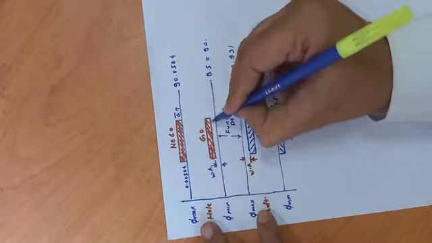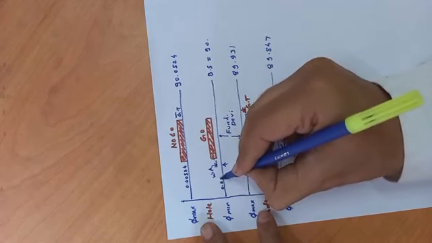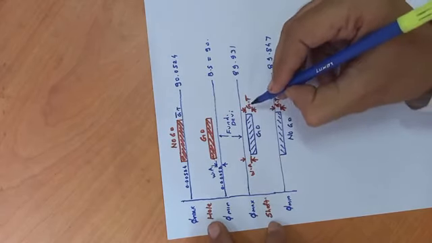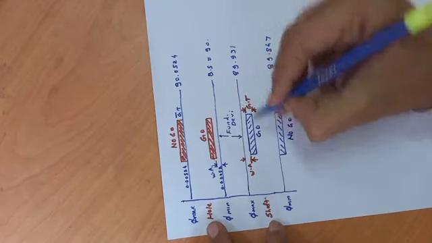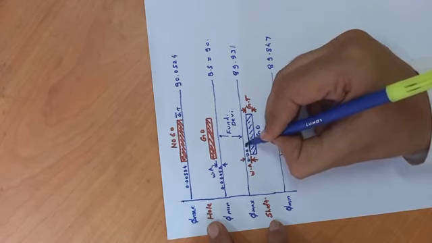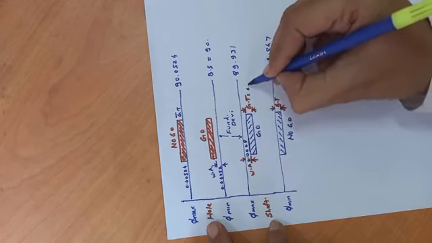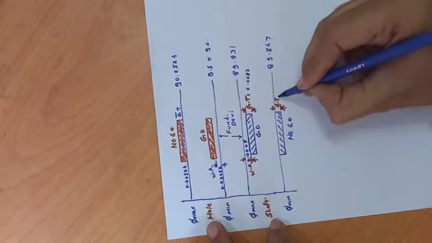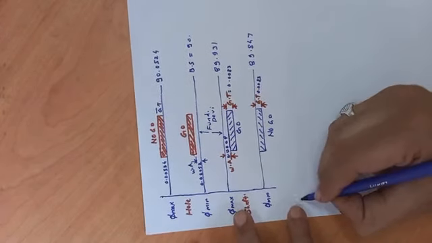Okay, this wear allowance value is 0.00052. For shaft, this wear allowance value is 0.0008 and this gauge tolerance value is 0.0083.